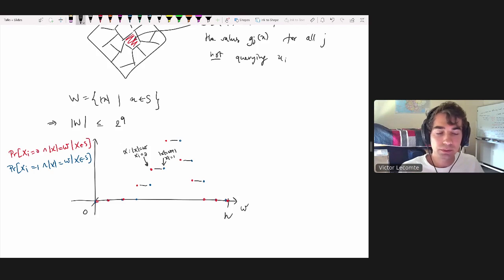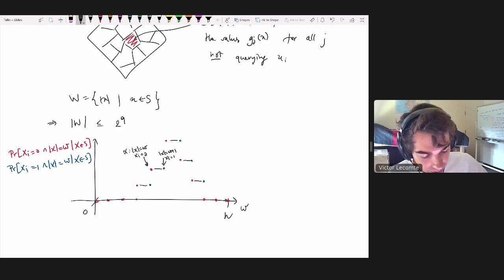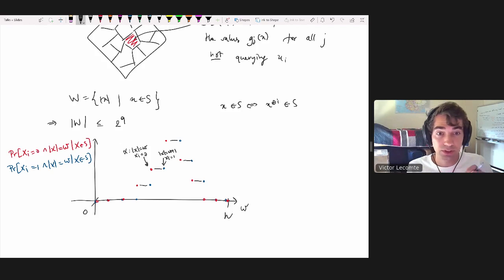If you have an x in that left red set, then if you flip its value of xi, you get to the right blue set, because we defined S crucially based on only the subfunctions that do not query xi. That means some value x is in S if and only if x XOR i, which denotes x with its i coordinate flipped, is also in S. So that justifies why I'm drawing the red point at the same height as the next blue point.